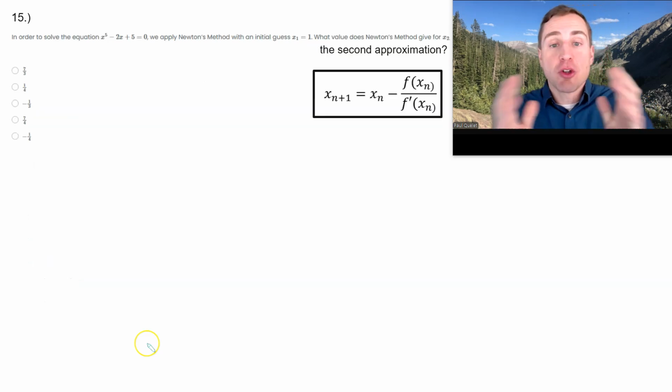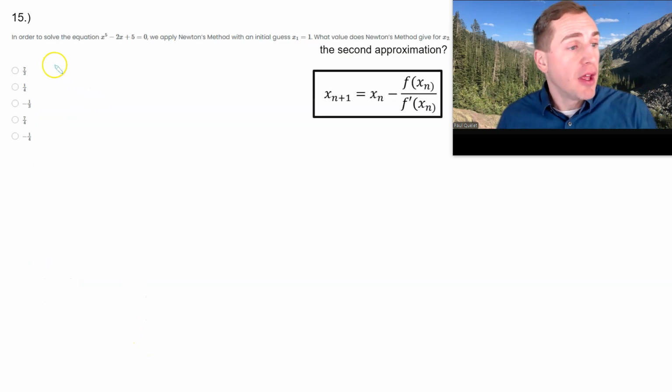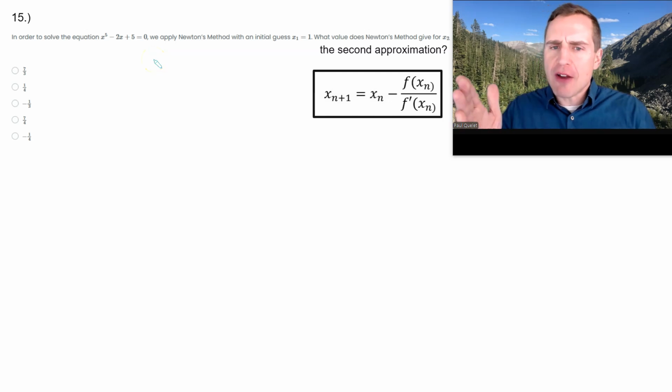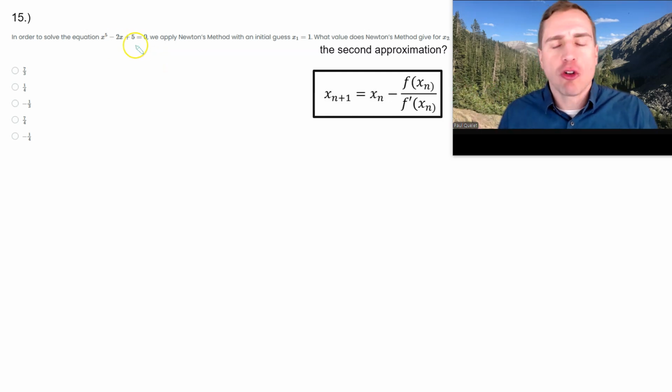Let's move on. So what we have here is a problem which is a polynomial, x to the fifth minus 2x plus 5 equals 0, which is not factorable, and we are looking for the roots, that is the zeros or the solutions. But in order to find that solution, what we want to do is find the numerical approximation of this using Newton's method.